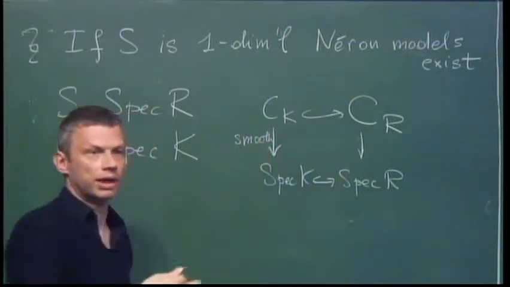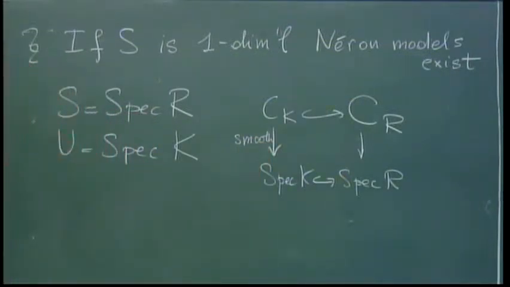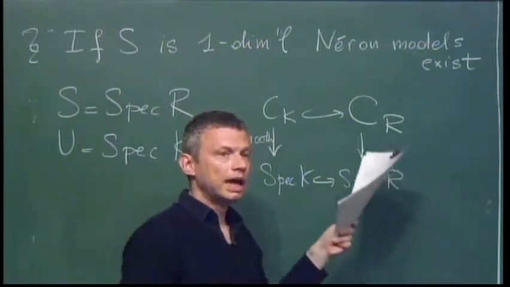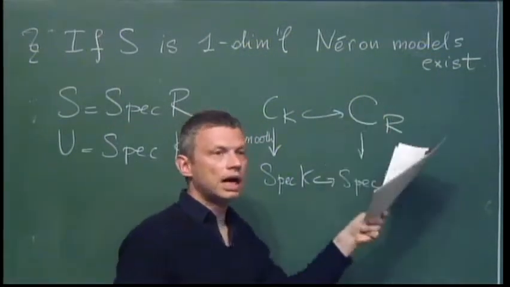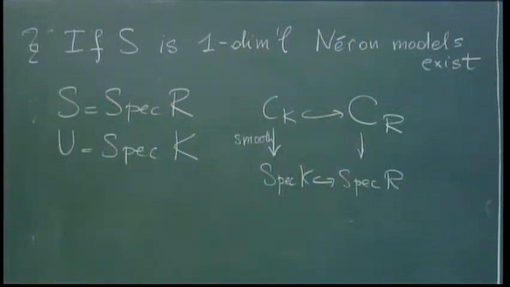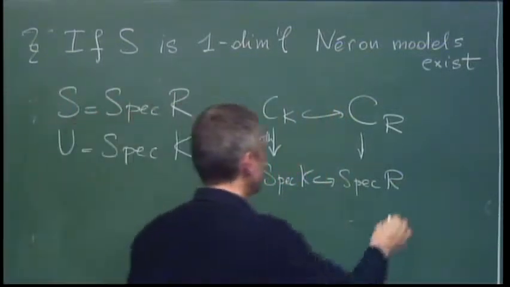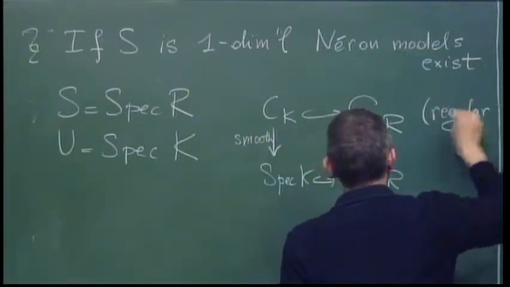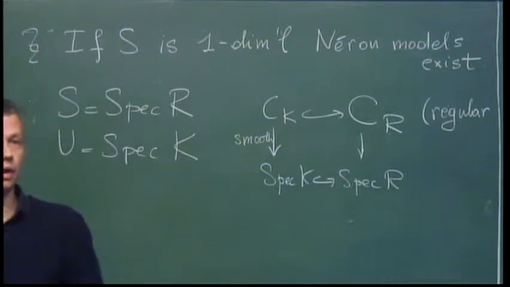Because I want an abelian variety as a Jacobian. And I do not need to make any hypothesis on C_R being regular, but I will do it, and maybe later I will tell you what happens if C_R is not regular. Okay, so C_R is going to be regular. So it's a stable curve, but C_R is regular.